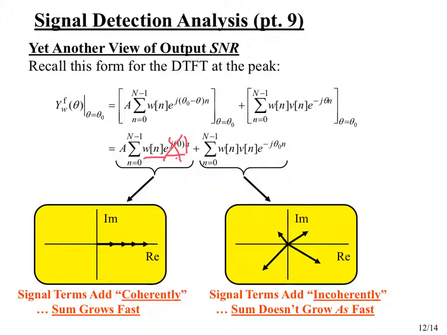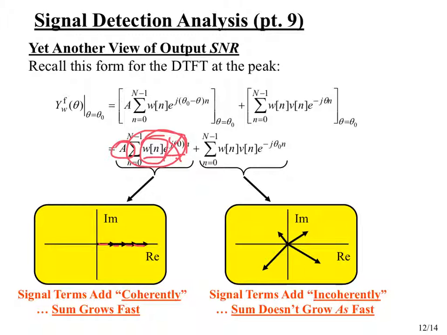I'm just adding up my positive numbers for my window. Windows are always positive numbers just because of the nature of them, and this kind of shows why that needs to be the case. So I'm adding up a bunch of purely positive real numbers and multiplying that number by a. I can think of it as adding up a bunch of vectors on a complex plane that all lie on the real axis, so they're all perfectly lining up.